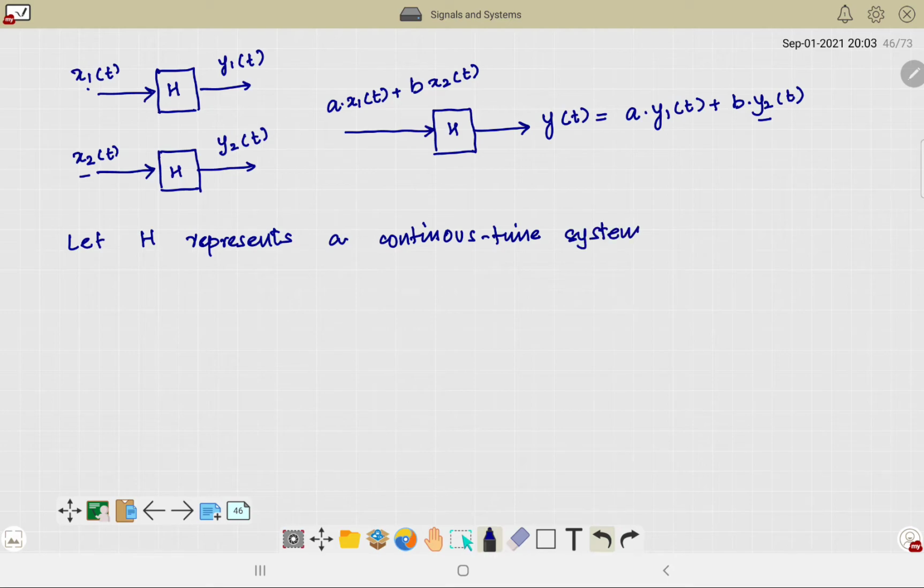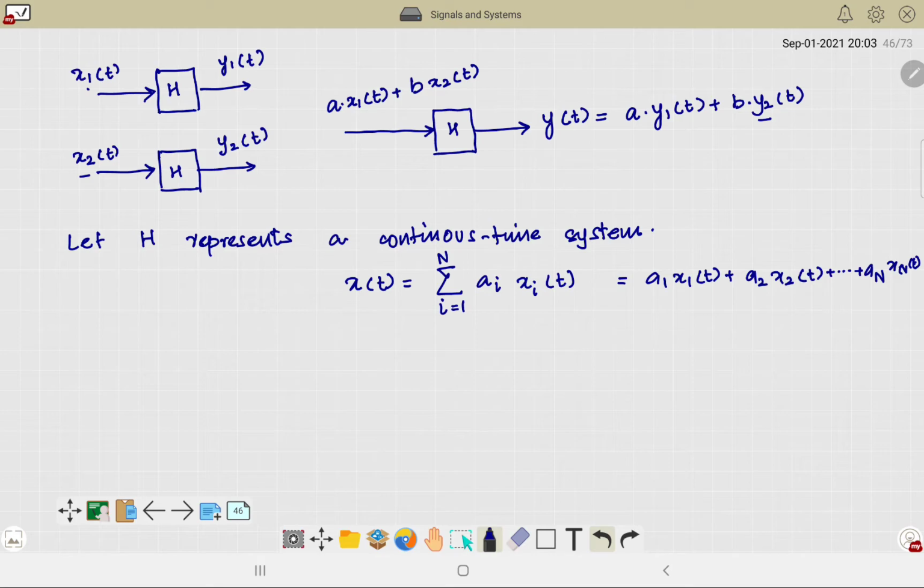So let h represent a continuous time system, and I am applying an input x(t), which is a linear combination of inputs a_i x_i(t). So you can say it is basically something like this: a1 x1(t) plus a2 x2(t), right up to the last one, which will be an xn(t). Fine. So in the previous case, just to put forward the concept, I had taken only two signals, x1(t) and x2(t). Here I am generalizing, right?